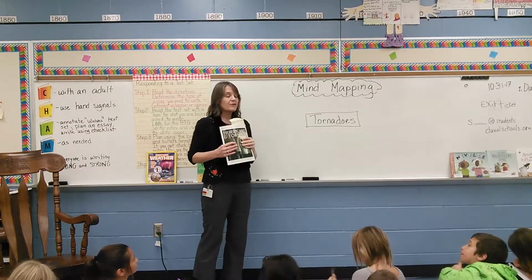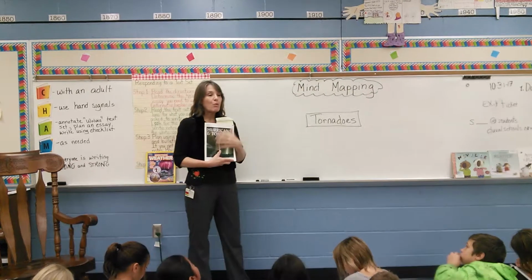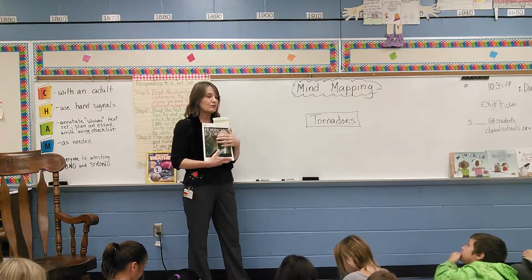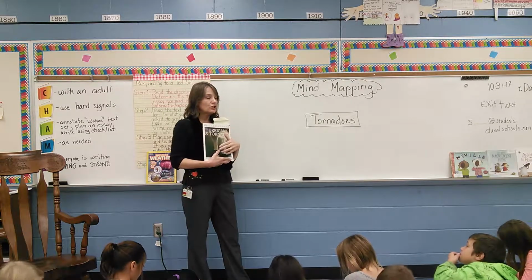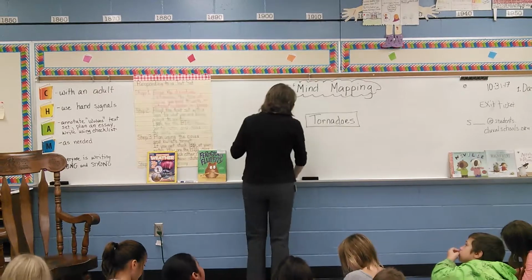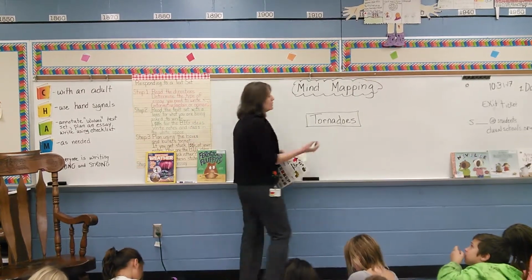Okay, so the idea, first of all, is to write in the middle of your mind map what you're going to be learning about. And today, my focus is going to be reading information to you about tornadoes. So you can put the word in the middle. You can put it in a container if you want, like we do when we're sketchnoting.